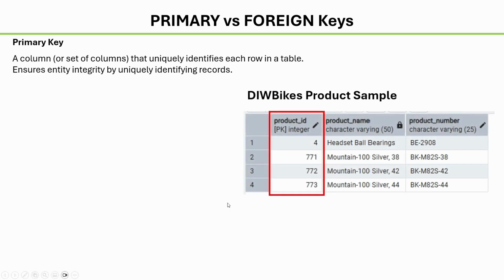In the product table that we've been looking at, you can see first of all that it says PK. PK simply means primary key. What that means is that this ID, or this identifier, represents a product in this fictitious company. For example, headset ball bearing is mapped to number 4, and every piece of information about this number 4 is going to be describing the headset ball bearing.